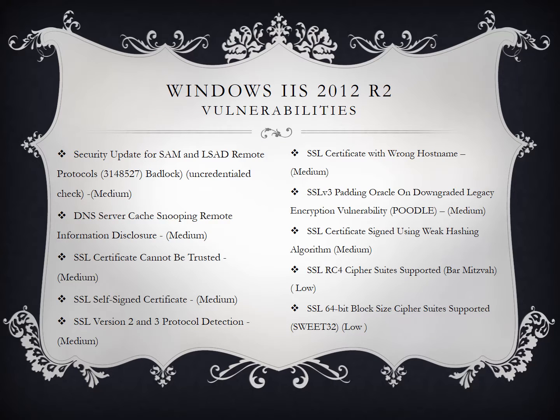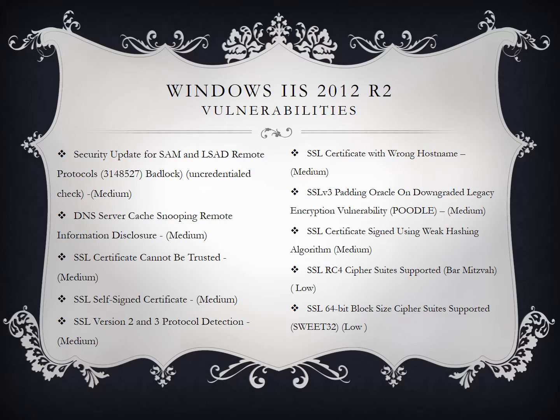And looking at the Windows system, there were no high or critical vulnerabilities found on the system, but we had a total of 8 vulnerabilities that had a criteria of medium, and 2 that were low vulnerabilities.